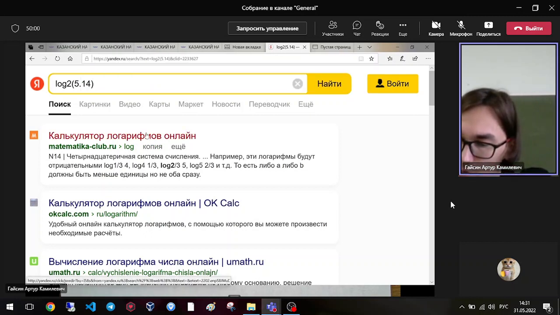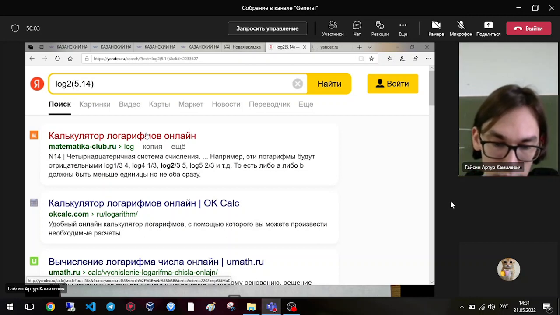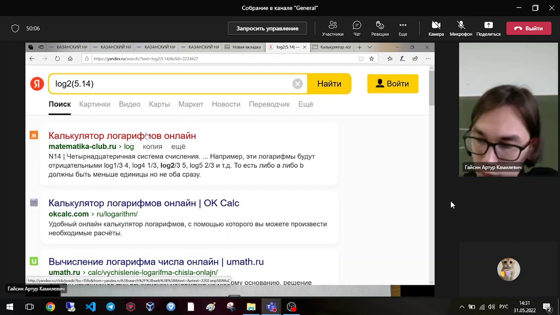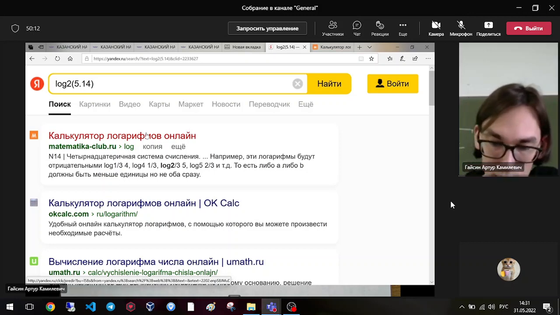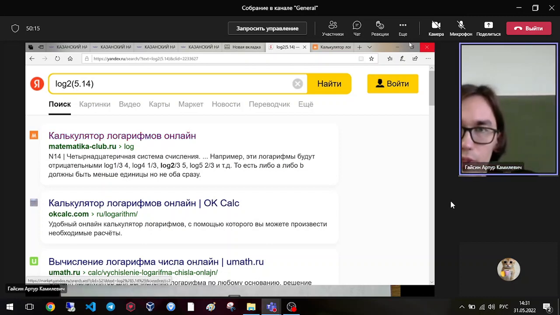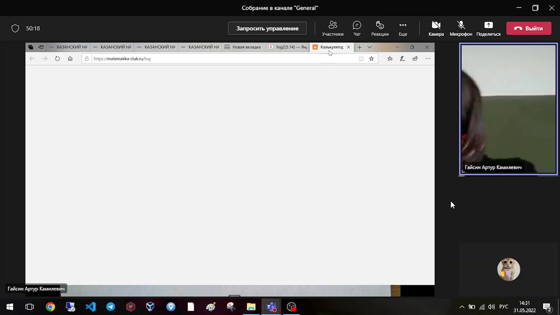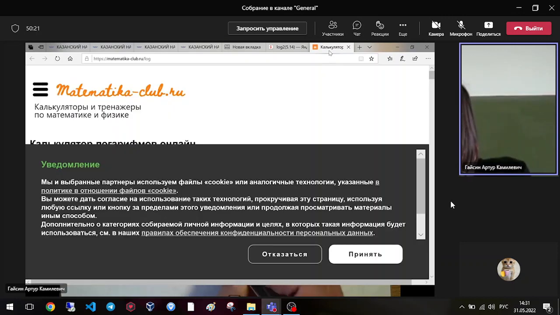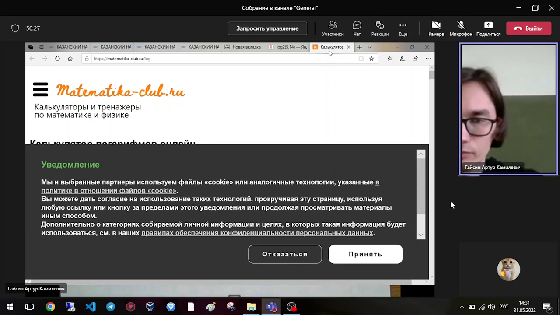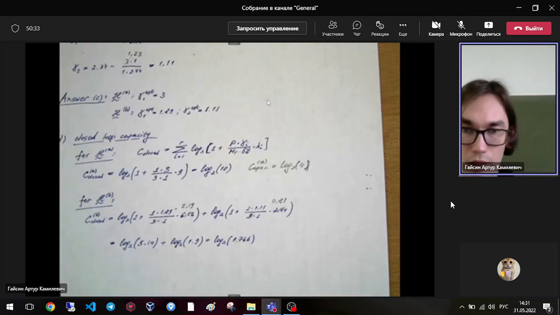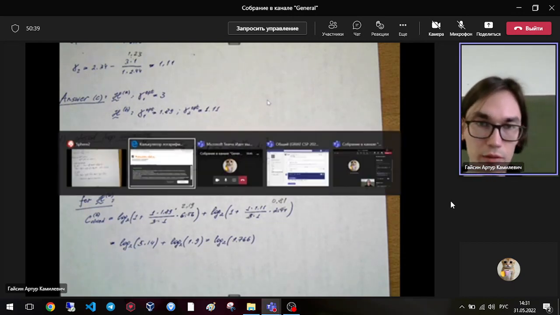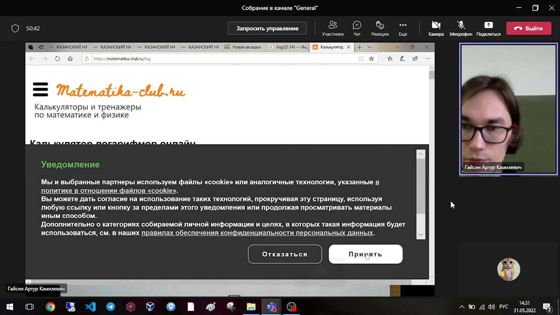Yes. Okay, let's do it. So it is logarithm base 2 of, like this one, yes? Oh, sorry. Like this one. Oh, yes, maybe. Okay, let's calculate this thing as before for first example.